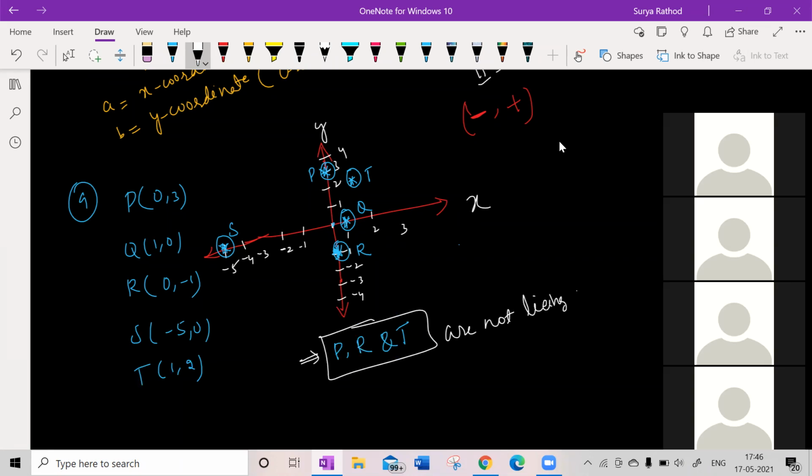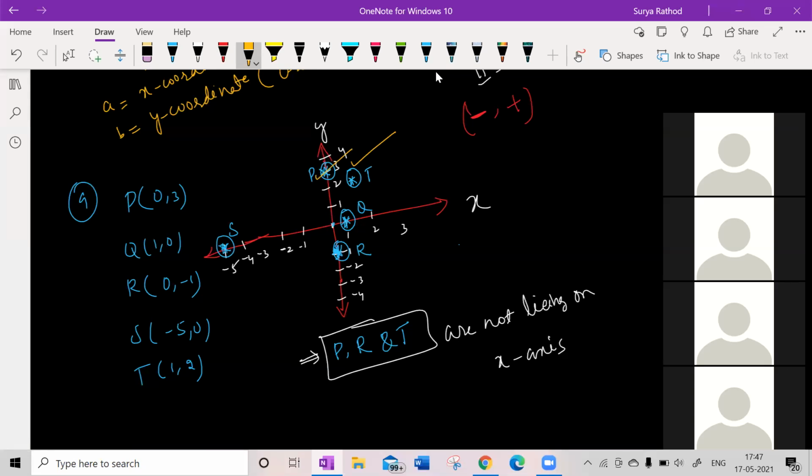Sir, T is lying in the first quadrant, right? He's talking about the x-axis, not about the quadrant. Clear? Which of the following points are not lying on the x-axis? Point T, point P and point R are not lying.